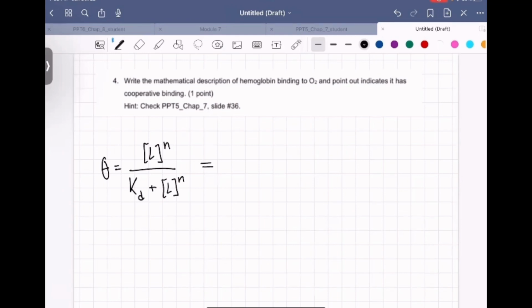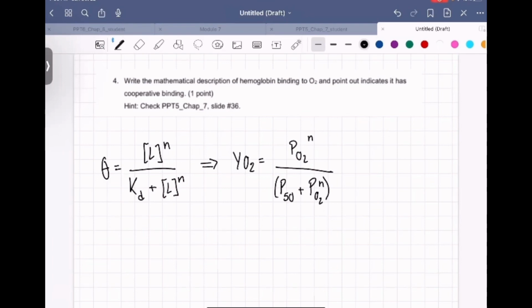But this is also equal to the saturation, YO2, which is also equal to the partial pressure of oxygen raised to the Hill coefficient over P50 plus PO2, which is raised to the Hill coefficient.